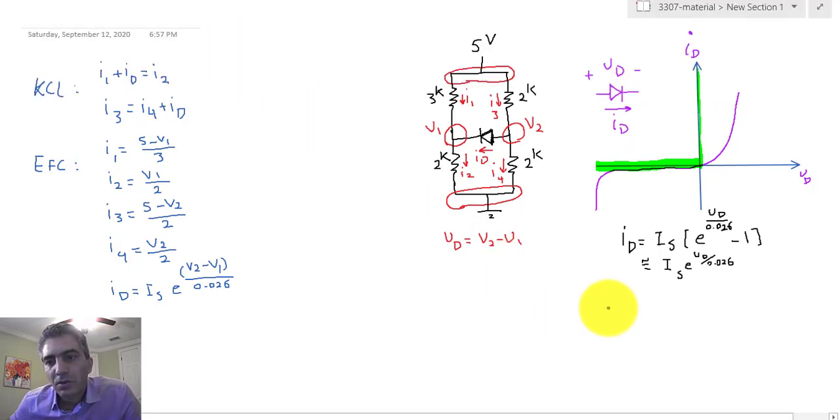There you go. So the equation goes like this. The green approximation is this: ID is equal to 0 if VD is negative. That's the equation for this line, ID equal to 0. And then as soon as it switches to the other one, the equation is actually this: VD is equal to 0 for any positive current.